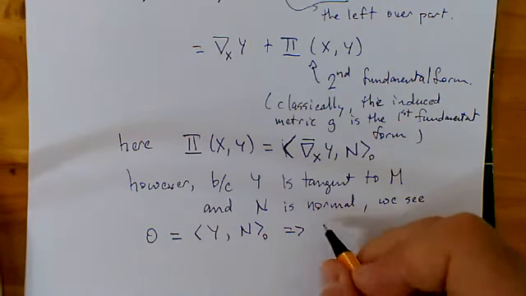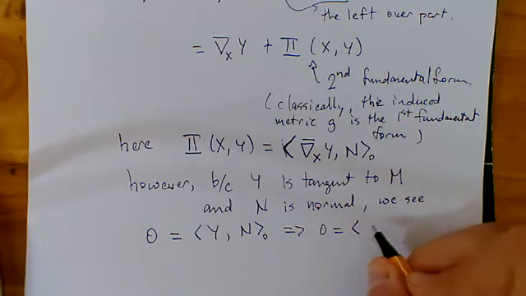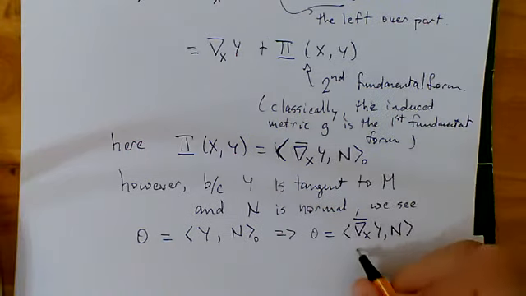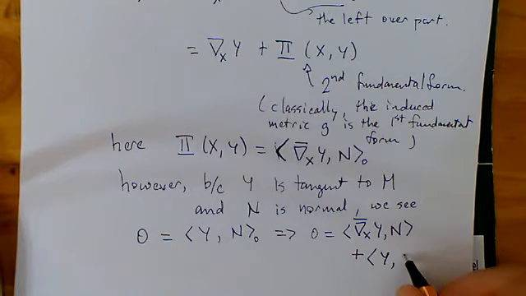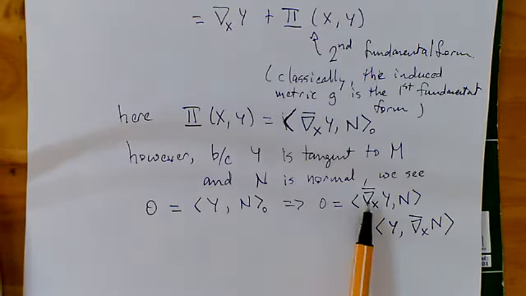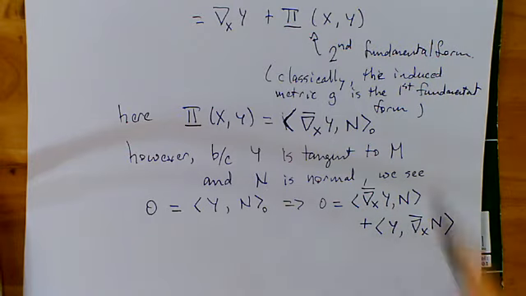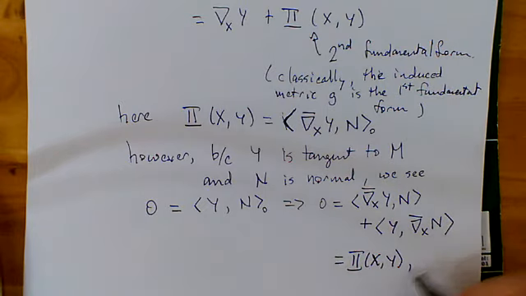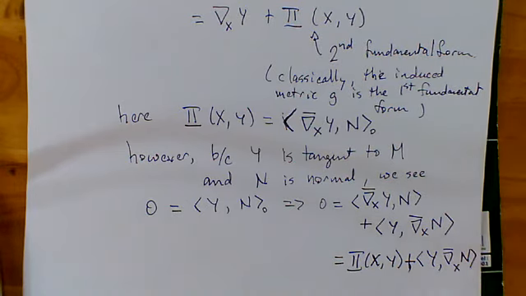When I differentiate that with respect to the vector x, I see that 0 is equal to the sum of this first part, which is just my second fundamental form, and the second part, the inner product of y with the derivative of the normal in the x direction.